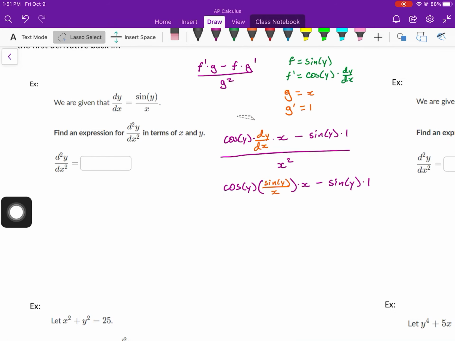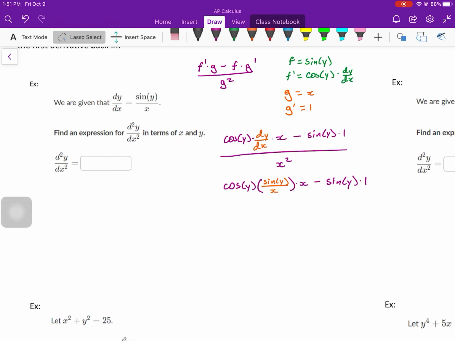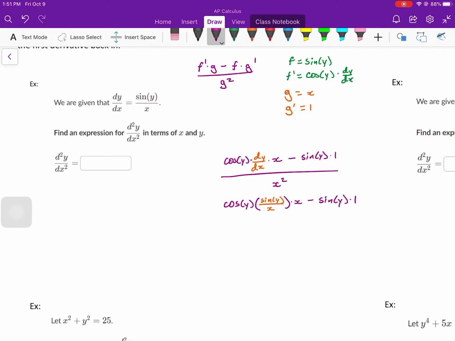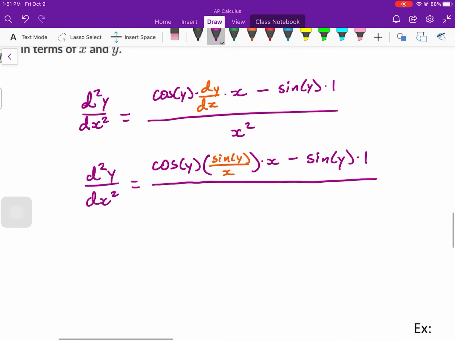I'm missing a little bit of notation here, so let me just clean this up a bit. So we're finding right now the second derivative. What's pretty interesting about this is the x and the x are going to cancel.